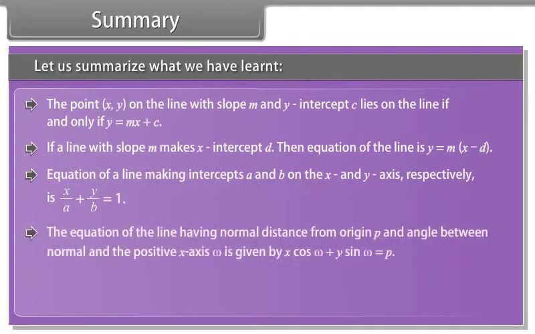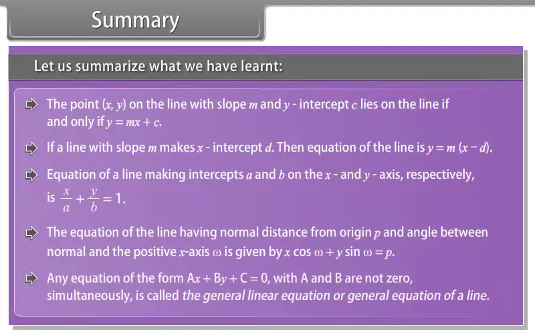The equation of the line having normal distance from origin p, with angle between the normal and the positive x-axis omega, is given by x cos omega + y sin omega = p. Any equation of the form ax + by + c = 0, with a and b not 0 simultaneously, is called the general linear equation or general equation of a line.